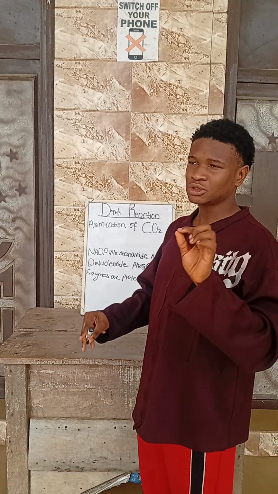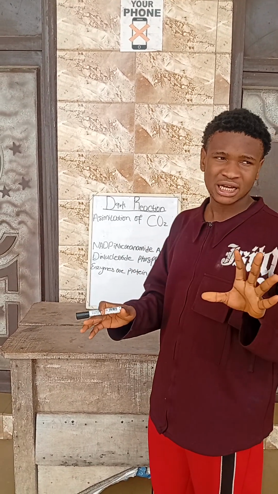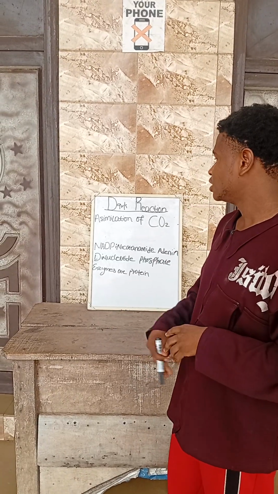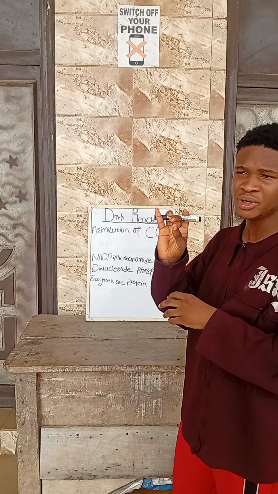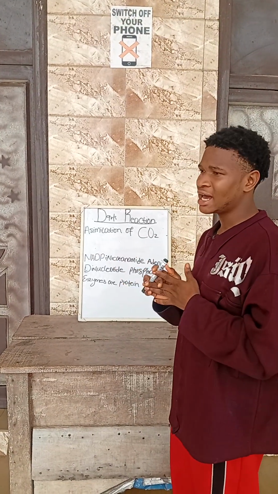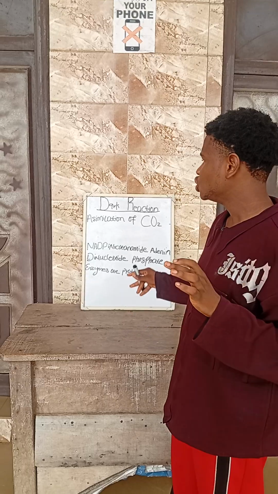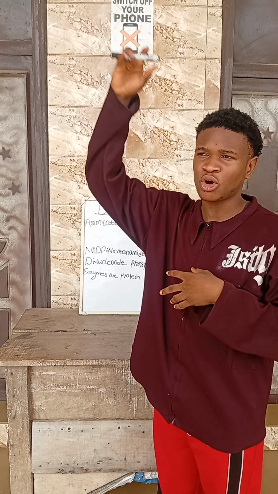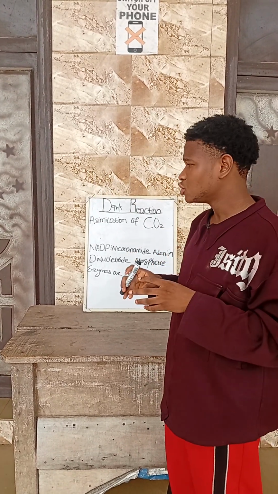But I want to explain something before going to dark reaction. Remember that when I said this enzyme is further reduced into a coenzyme, these coenzymes are electron carriers. They carry hydrogen ions. They pick the hydrogen ions during light reaction. The reason they pick hydrogen ions is to prevent the hydrogen ions from combining with oxygen, because hydrogen reacts with oxygen to form water.